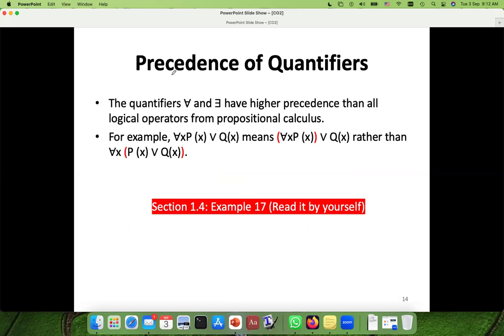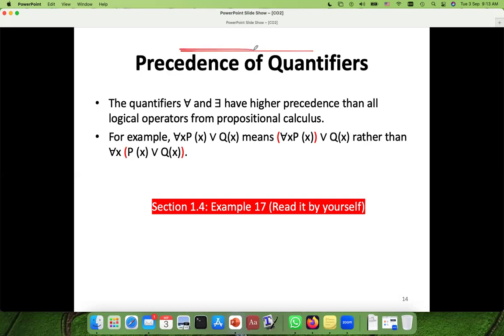Now, precedence of quantifiers. You understand from the previous CO2 what precedence means. Precedence of logical operators: you have seen that negation has the highest priority, after that conjunction, disjunction, and then single arrow, then double arrow. Single arrow means implication, double arrow means bi-implication.